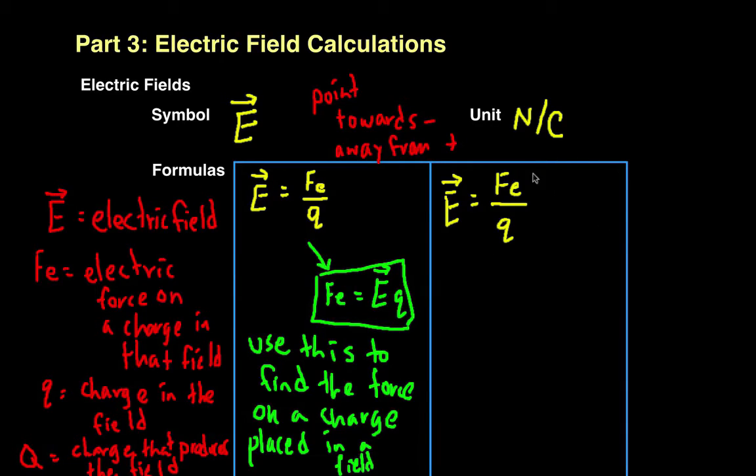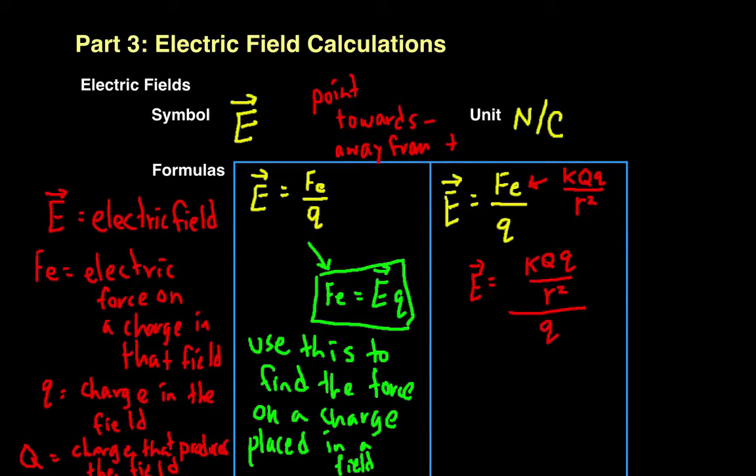And then we remember Coulomb's law, which says that the electrostatic force on a charge is equal to Coulomb's constant times the two charges, the charge that produces the field and the charge that's in the field, divided by the distance between them squared. So this could be rewritten as electric field equals kQq over r squared, divided by q.